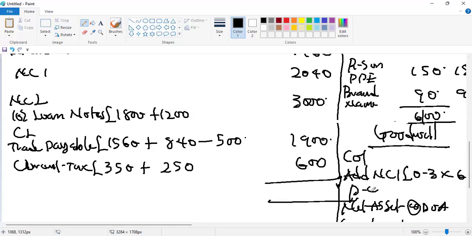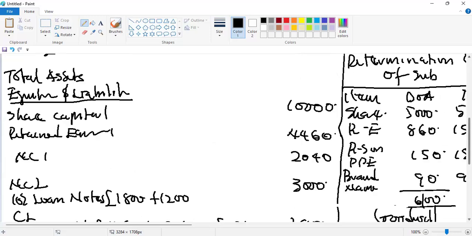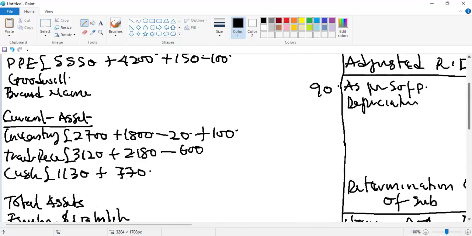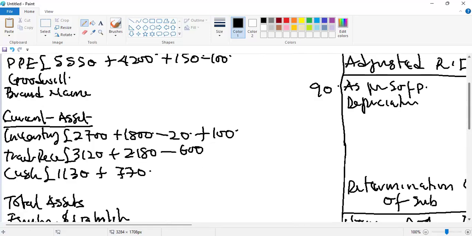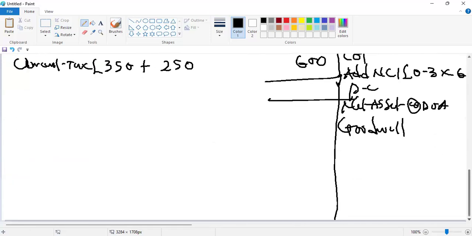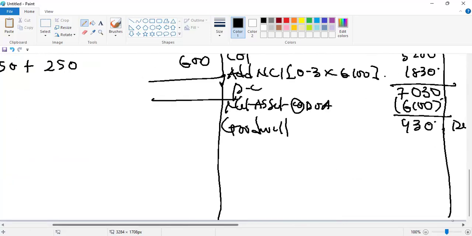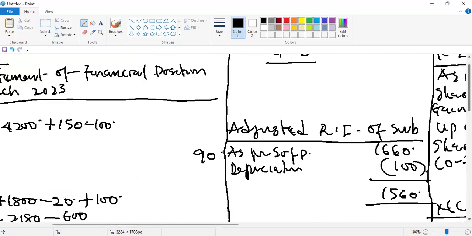So these are our total net equities, and let's go to the assets. What is the value of the goodwill? There was no impairment. Let's bring up goodwill. There was no impairment. 930. Goodwill is 930.